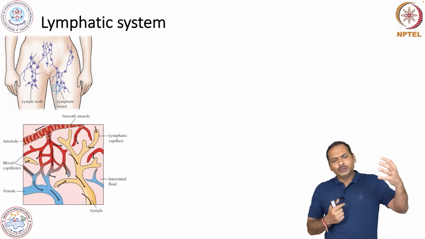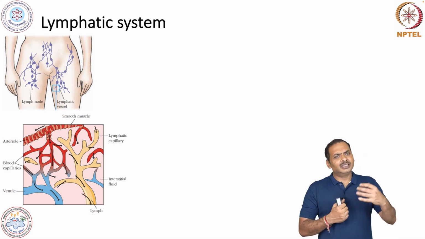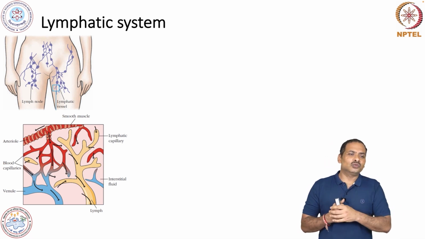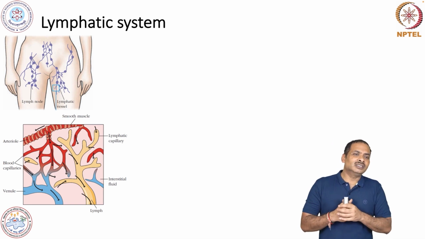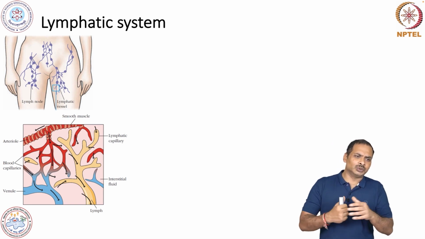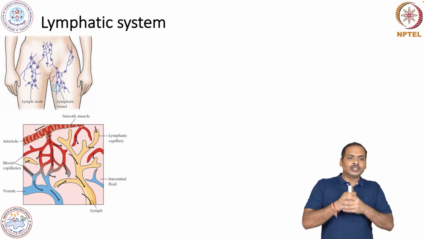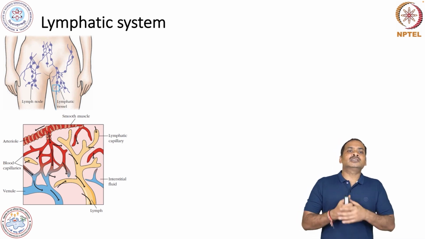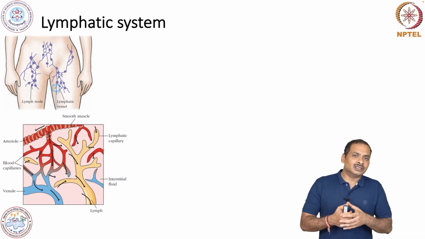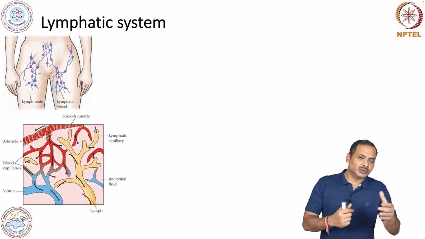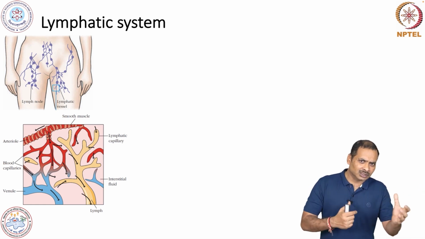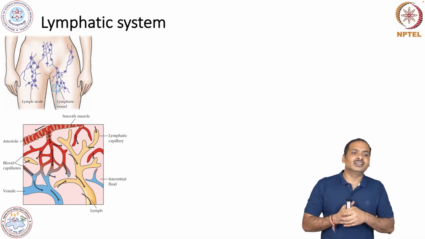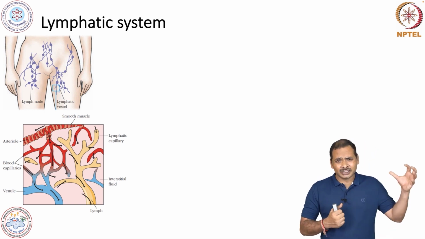Due to blood pressure, there is some squeezing of fluid, and this fluid is present in between the tissues. We call it interstitial fluid, and this fluid we call lymph. It's due to the blood pressure.